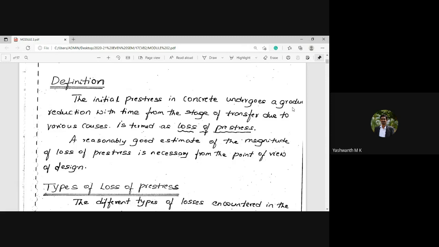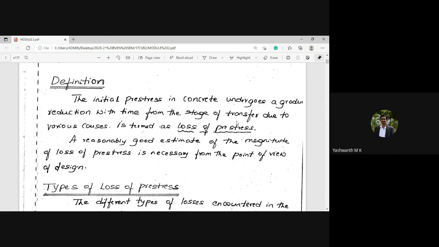Whatever pre-stress I induce is called the stage of transfer. I hope I have solved problems on this condition: one is transfer condition, another one is working condition. So I induce this pre-stressing force through the cable inside the pre-stressed concrete beam during transfer condition.